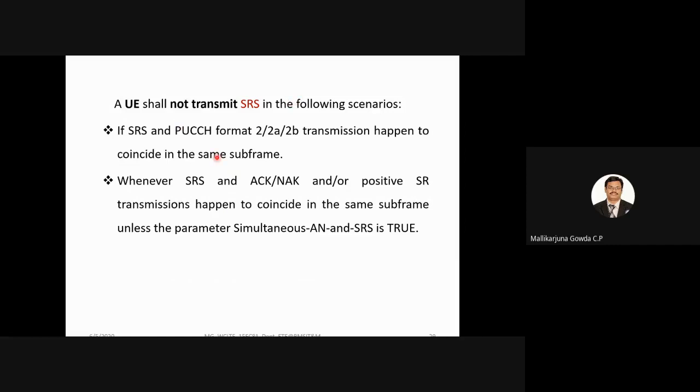The second case is whenever the SRS and the positive or negative acknowledgement and positive SR transmissions happen to coincide in the same subframe, unless the parameter simultaneous AN and SRS is true. In that case also it need not transmit the SRS. These are the two scenarios in which the UE need not transmit the SRS.